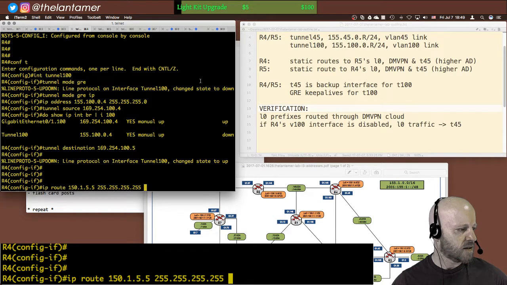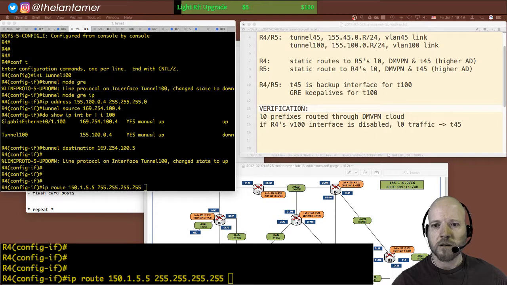The static routes in R4 and R5. 150.1.5.5.